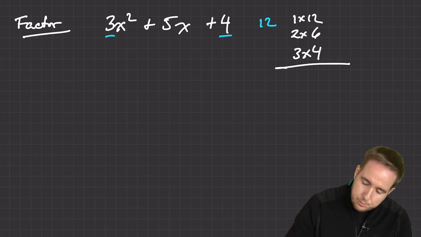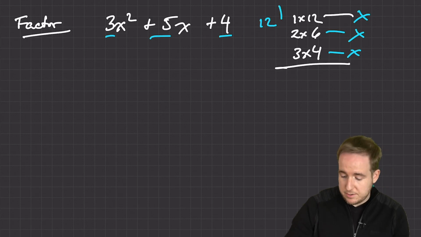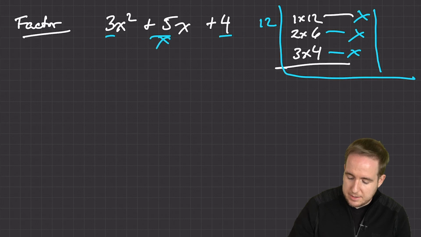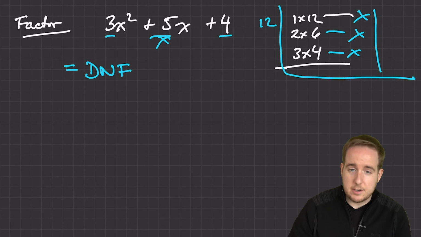Can I put a 1 and a 12 together to make 5? No. Can I put a 2 and a 6 together to make 5? No. Can I put a 3 and a 4 together to make 5? No. So if I made the whole list, and I've checked the whole list, and I can't find something to make this work, the answer to this is does not factor.